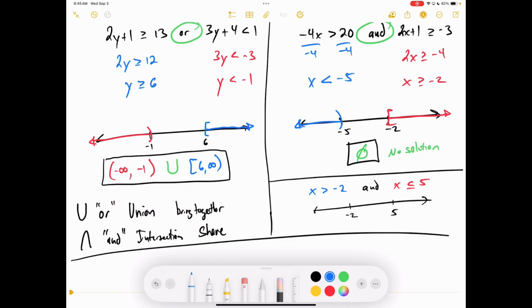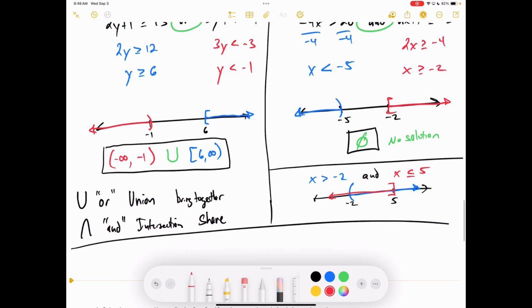Okay, so my blue line is greater than -2, so it goes forever to the left. On my red line, it's less than or equal to 5, so it's a bracket, and it goes less than. So this again is and, so I want to know where the red and the blue line are intersecting. So my answer for this one is -2 to 5, because that's the area where both my red and my blue line are. The red and the blue line.